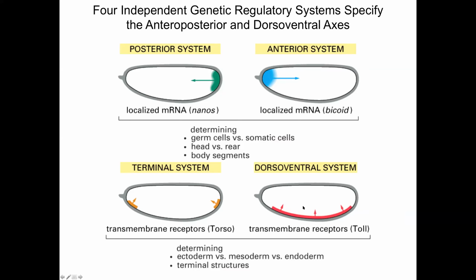Anyways, that was just a thought that I shared. So the toll receptors are again asymmetrically localized. And then there is the torso receptor. The torso is an RTK, a receptor tyrosine kinase receptor, which is localized at the two ends, the two termini of the embryo, which specify the terminal system.